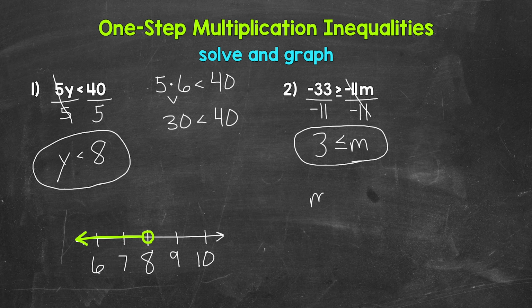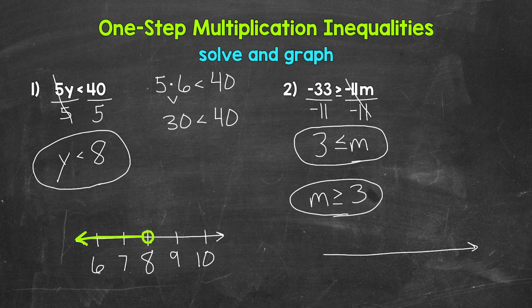So we have m, and then m is greater than or equal to 3. So that symbol needs to open up towards m. M needs to remain greater than or equal to 3. So again, keep in mind we can rewrite an inequality with the variable first if we prefer. Either way works.